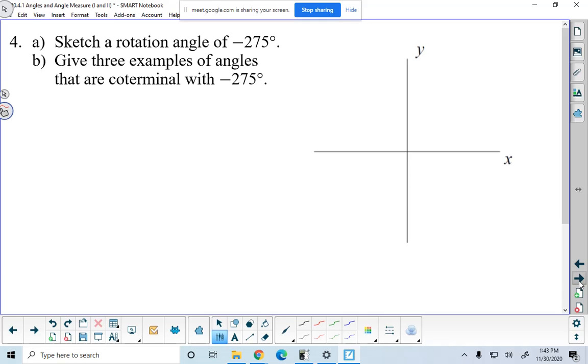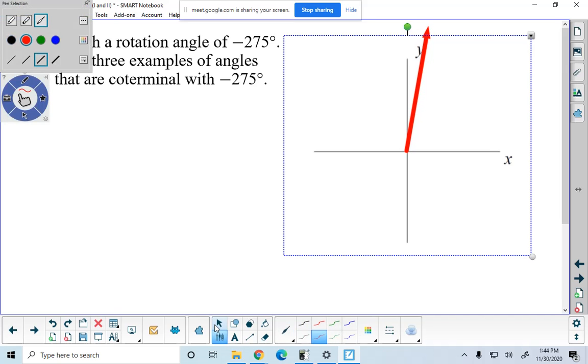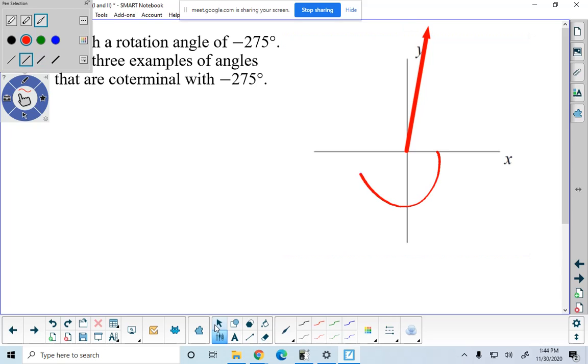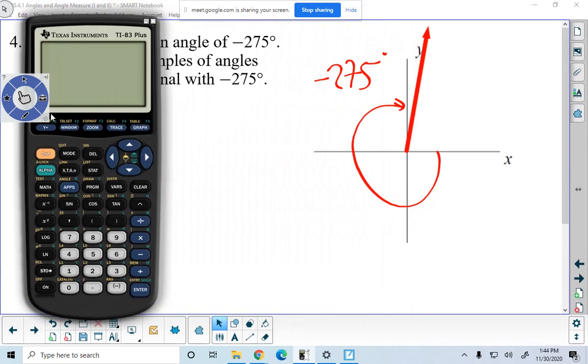What's a rotation angle of negative 275? Well, negative 270 takes us to here, so negative 275 is a little sliver past. So this is negative 275 degrees. I'm not going to write down these answers. I'm just going to calculate them on my calculator, and you can choose to write some down.